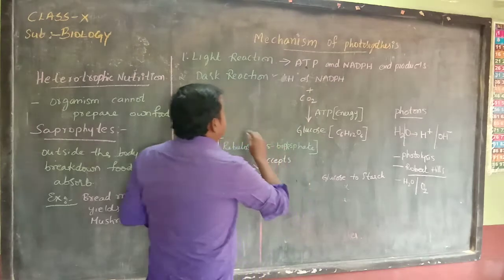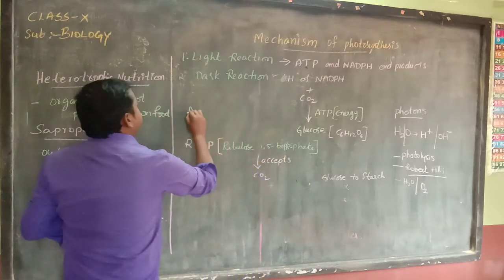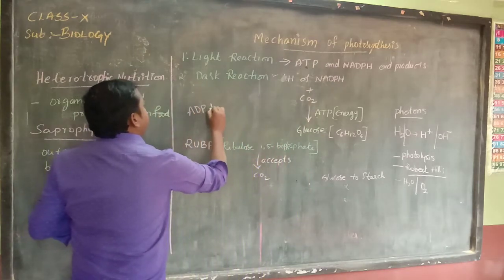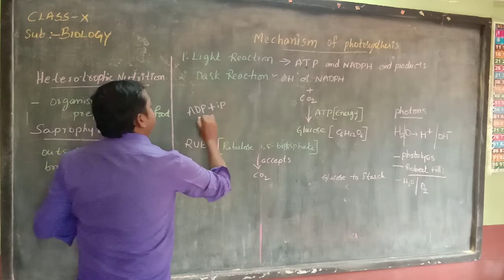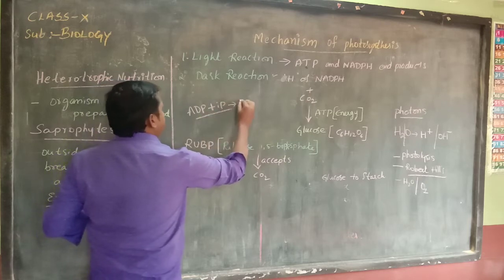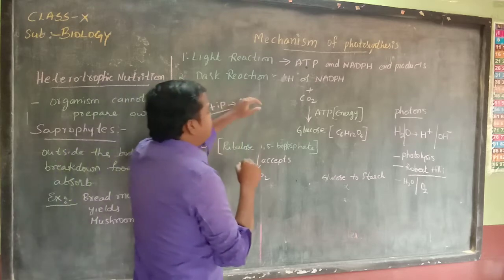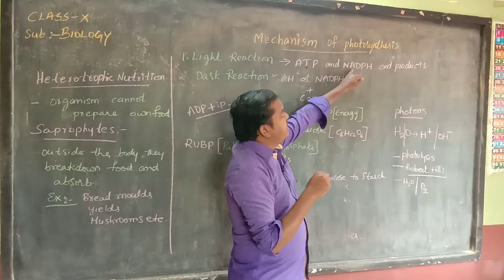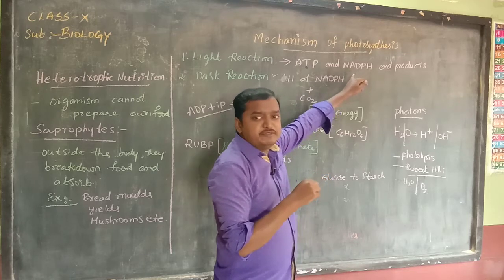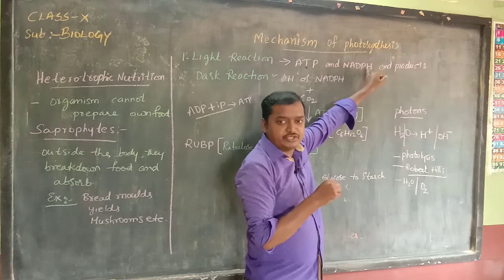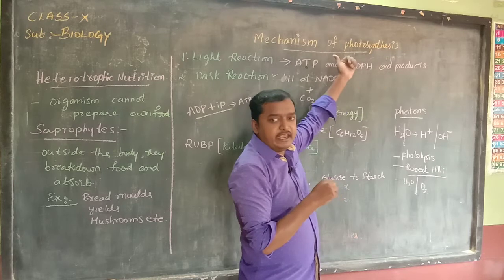ADP plus inorganic phosphate, so it becomes what? ATP. In this step, H is added to NADP to form NADPH, and ATP is formed again.